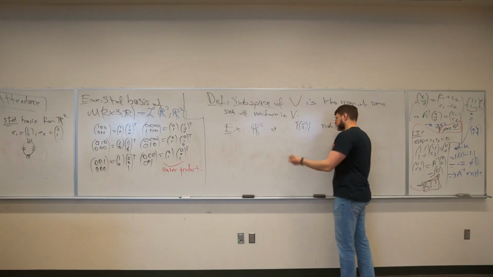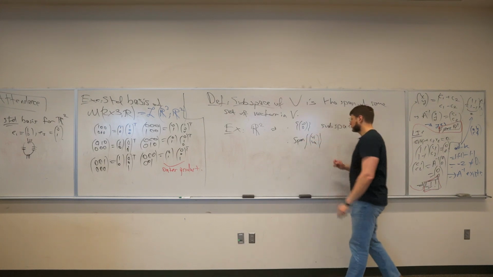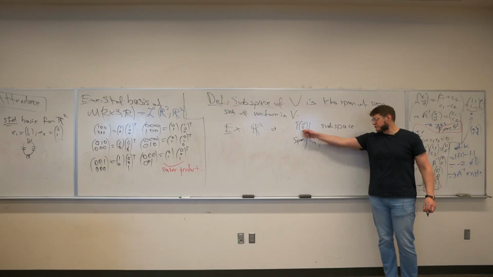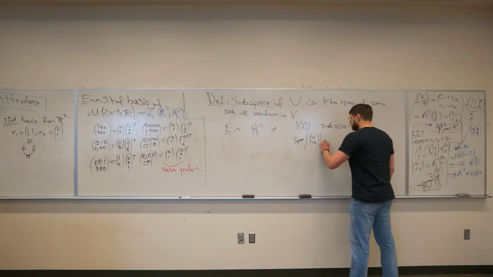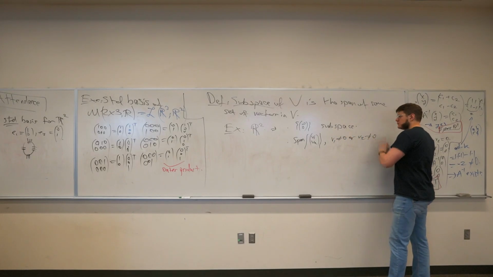Then I can take the span of, let's say, v1, v2. But of course, I want at least one of these entries to be non-zero, because otherwise I'm in the previous case.